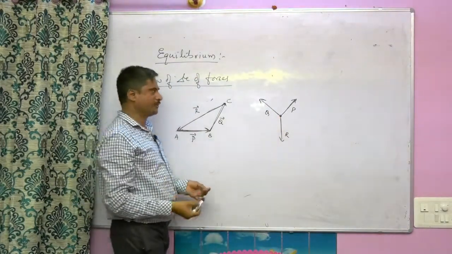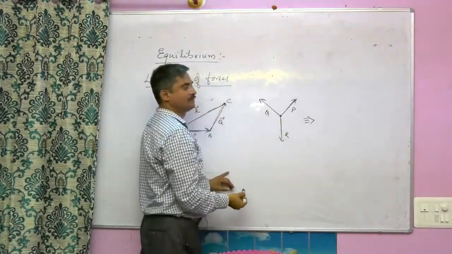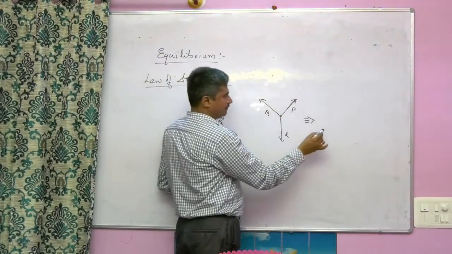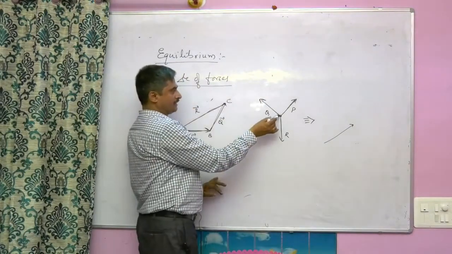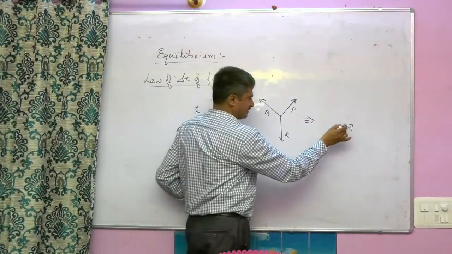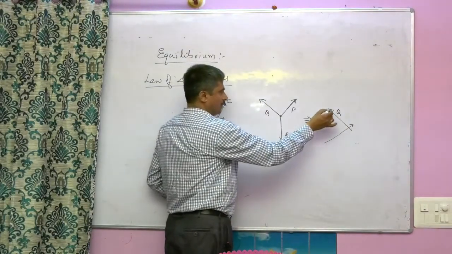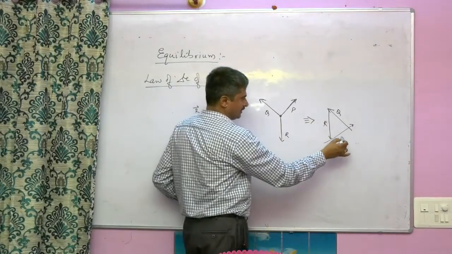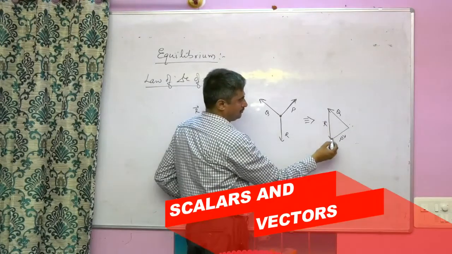The net effect is zero. So we can draw a vector parallel to P with a suitable scale, a vector parallel to Q with the same scale, and a vector parallel to R. Then P, Q, R are in equilibrium.